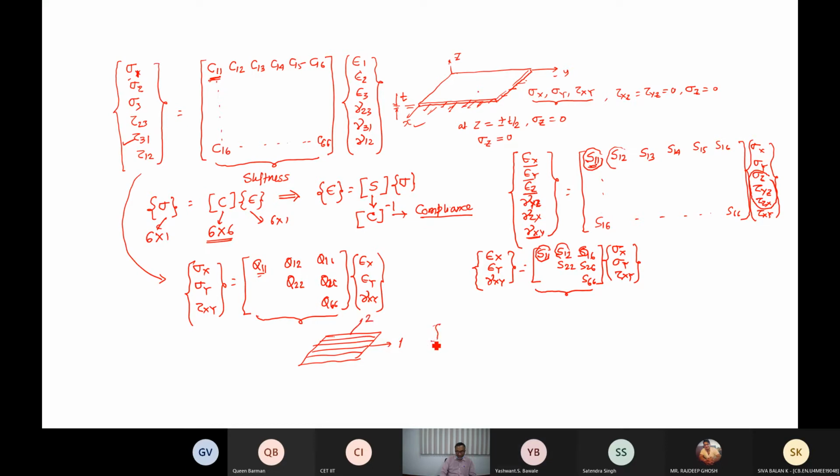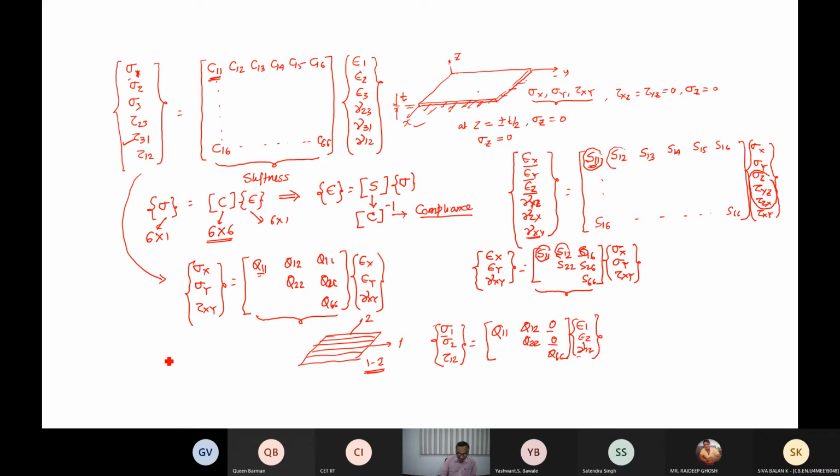So we can relate sigma 1, sigma 2, tau 12 equal to Q11, Q12, 0, Q22, 0, Q66 into epsilon 1, epsilon 2, gamma 12. This is in the material direction 1, 2, in the material plane. Because in the principal material direction, there is no interaction between the normal stress and shear strain, therefore these two are 0.